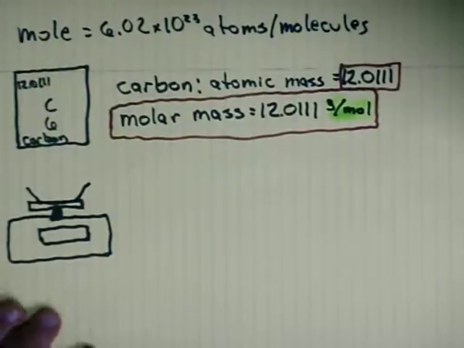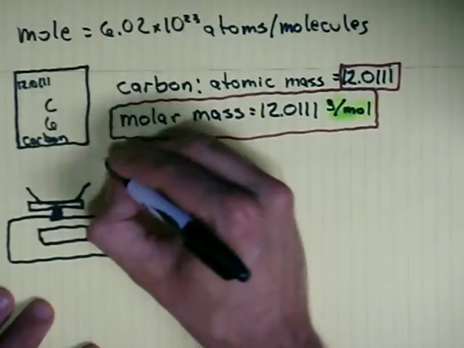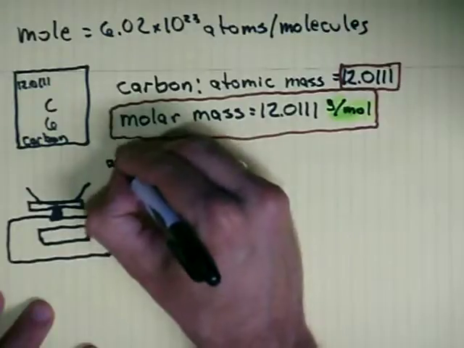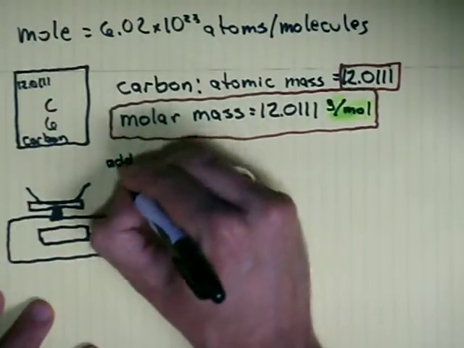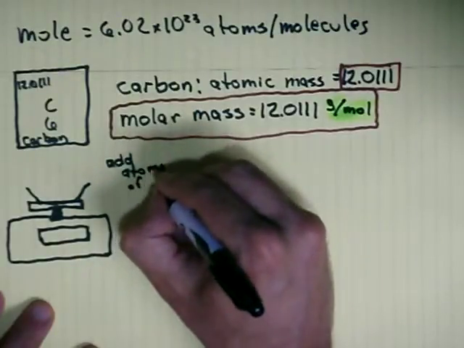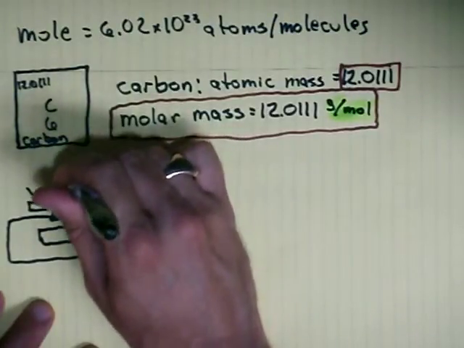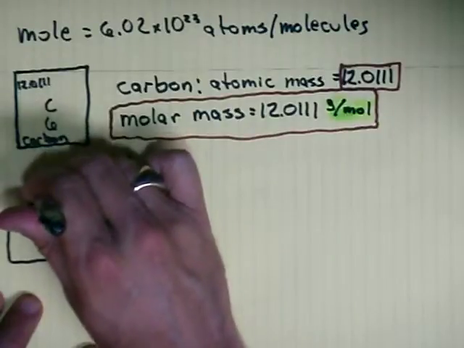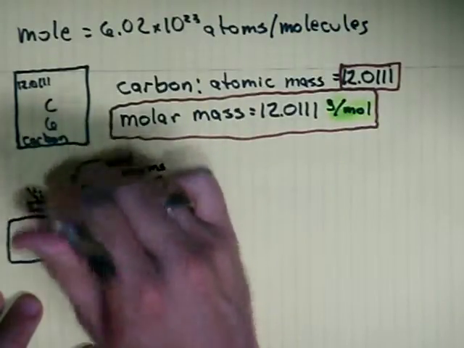And then what we do is we start to add atoms of carbon to that weighing boat. So we start dropping in atoms. This isn't realistic.